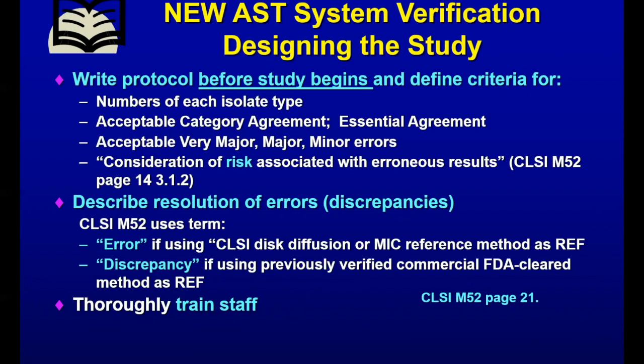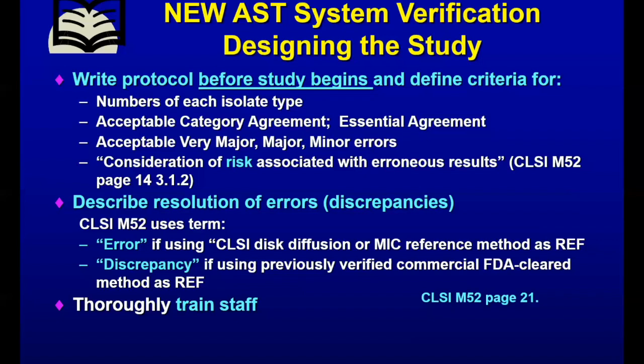We also have to describe in our verification report how we're going to resolve errors, how we're going to resolve discrepancies. Now, I just want to point out 2 items here. One, in the M52 document, we use 2 different terms. We use the term error when we talk about errors, if you're comparing your new system with a reference method, such as the CLSI diffusion reference method or the CLSI MIC reference method.